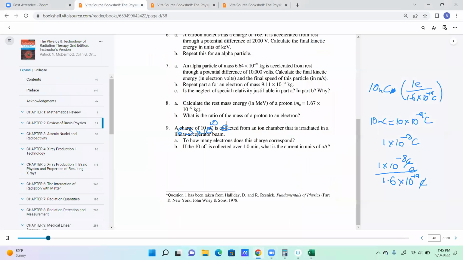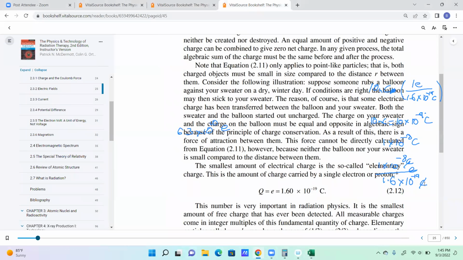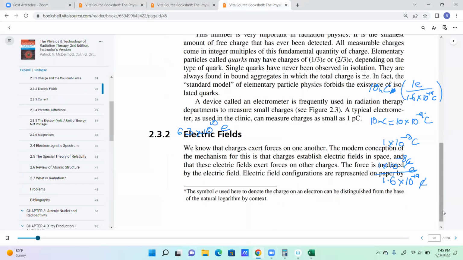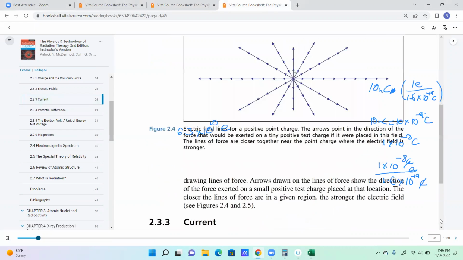Now let's take a look at part B. If the 10 nanocoulombs is collected over 1 minute, what is the current in terms of nanoamps? So if you go back here and look at the discussion they have regarding current, which is here in 2.3.3, it's there, it's just not flipping over.